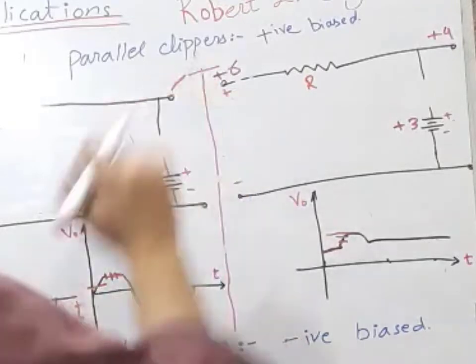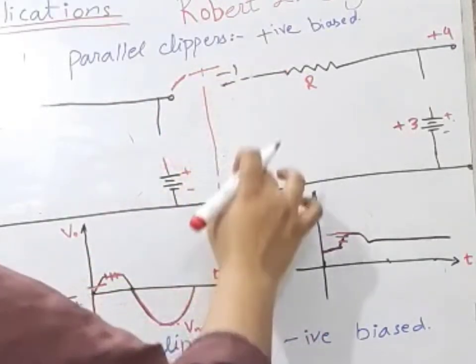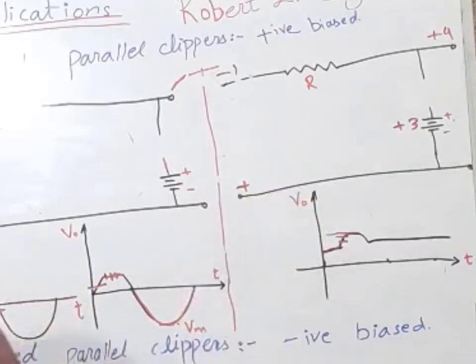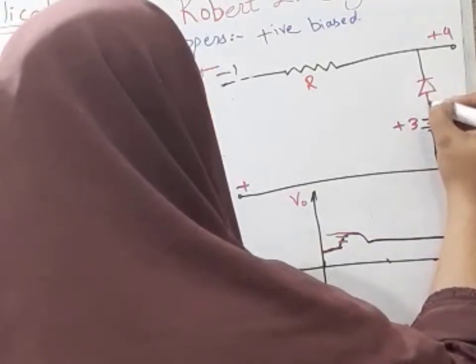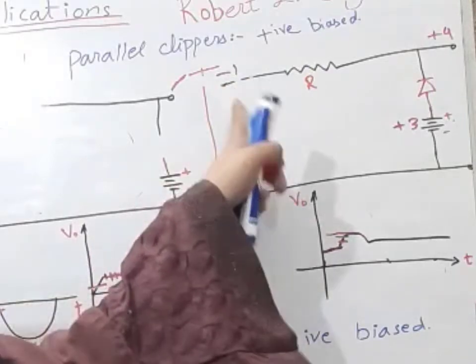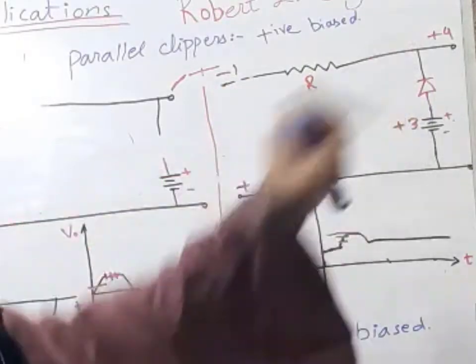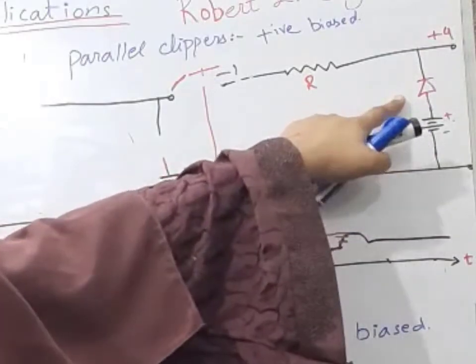Now for the negative half cycle, when there is -1, this -1 is trying to make this diode forward biased, but this battery is also making this diode forward biased.